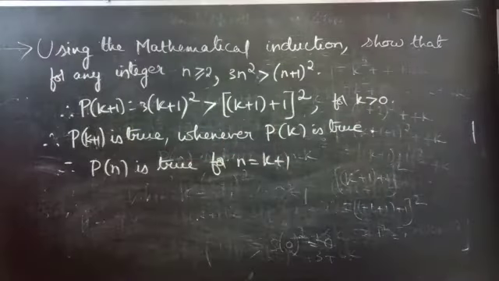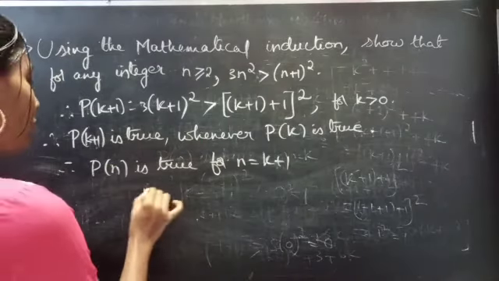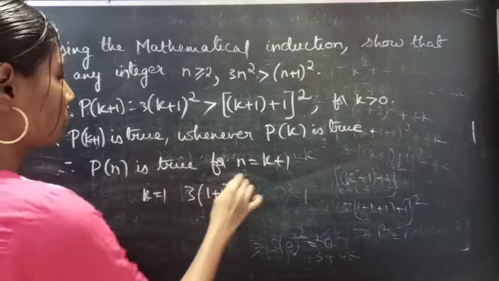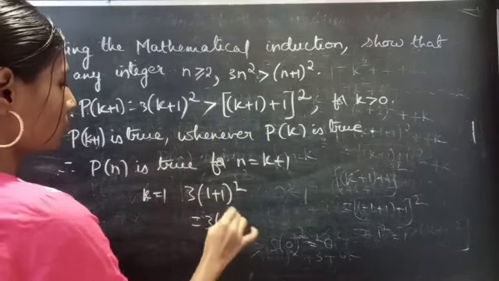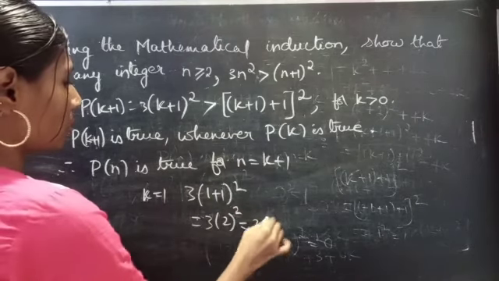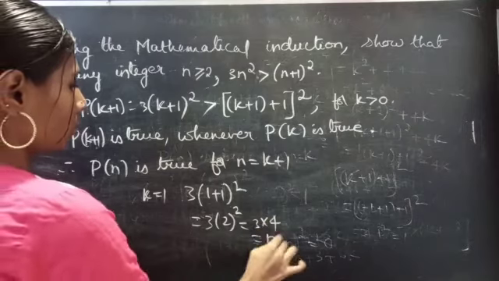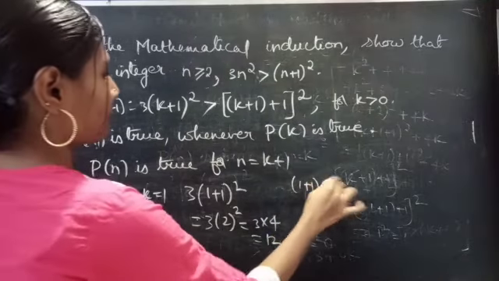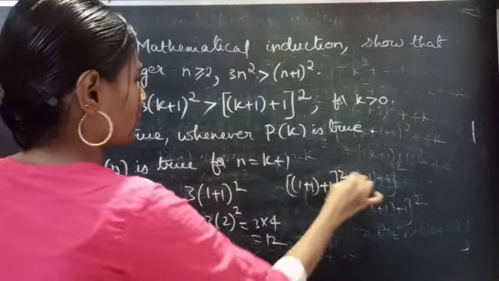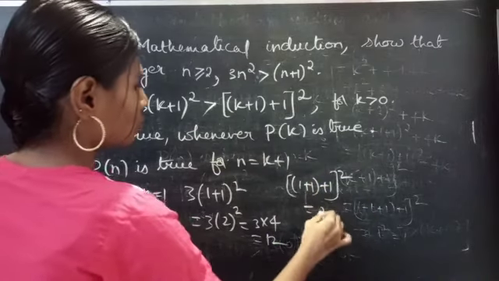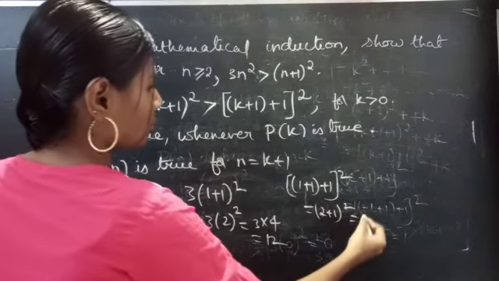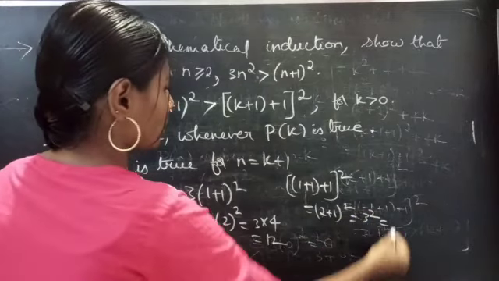Okay. For k equals to 1, 3 into 1 plus 1 whole square equals to 3 into 2 square equals to 3 into 4 is 12. Check for RHS. Equals to 1 plus 1, 2 plus 1 whole square. 2 plus 1 is 3. 3 square is 9.